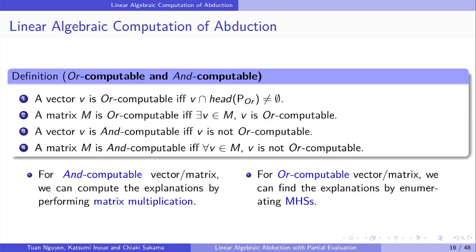Based on that, we define the conditions, OR-computable and AND-computable, which are simply based on whether the rules contain the head of an OR rule or not. And for an AND-computable vector in the matrix, we can compute the explanation by performing the matrix multiplication as I showed before. And for the OR-computable vector, we can find the explanations by enumerating the minimal hitting sets.